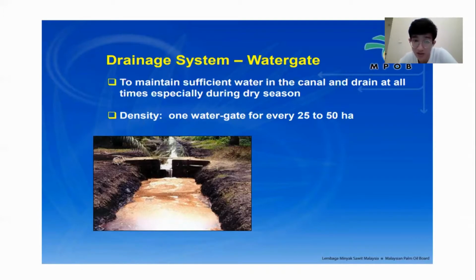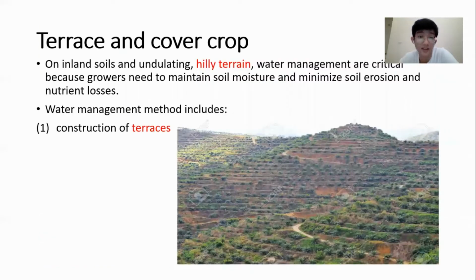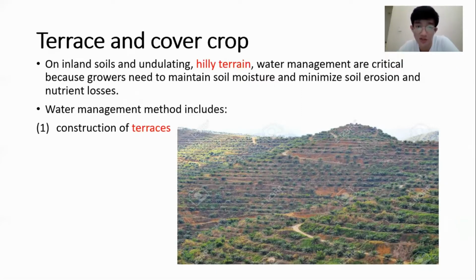And the density of water gate establishments proposed by MPOB is one water gate for every 25 to 50 hectares of oil palm plantation field. On inland soils and undulating hilly terrain, water management is critical because growers need to maintain soil moisture and minimize soil erosion and nutrient losses.